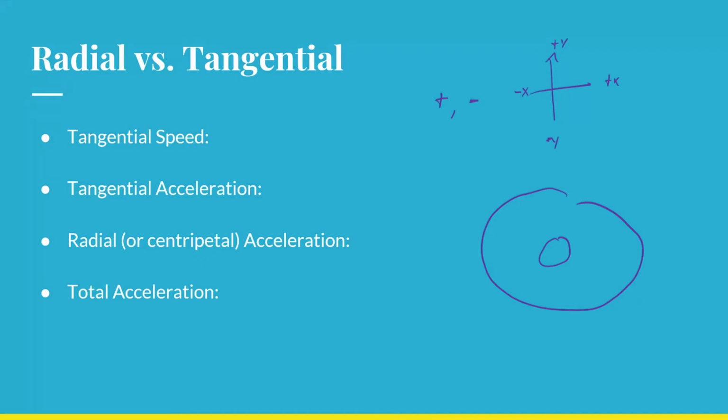If this is positive r, then a negative r is just a different angle. So you can represent a negative r just by adding 180 degrees or plus pi to whatever angle you have.